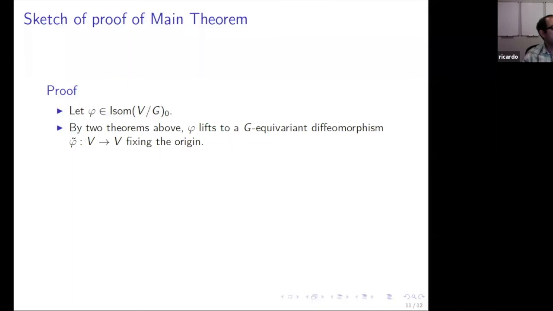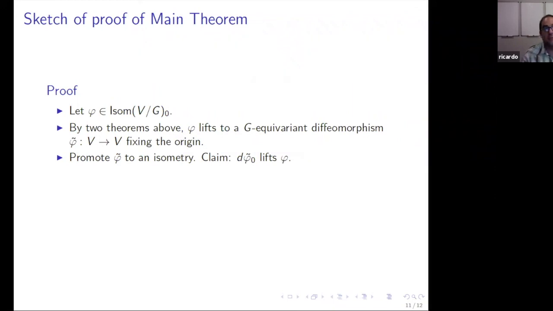Since the action is smooth and you have the smooth lifting of isotopies by Schwarz, if you put the two things together, we get that this isometry we're starting with, phi, lifts to a G-equivariant diffeomorphism of the vector space that fixes the origin. So we have a lift, it's just not an isometry yet. All that we have to do right now is to promote this lift to an isometry.